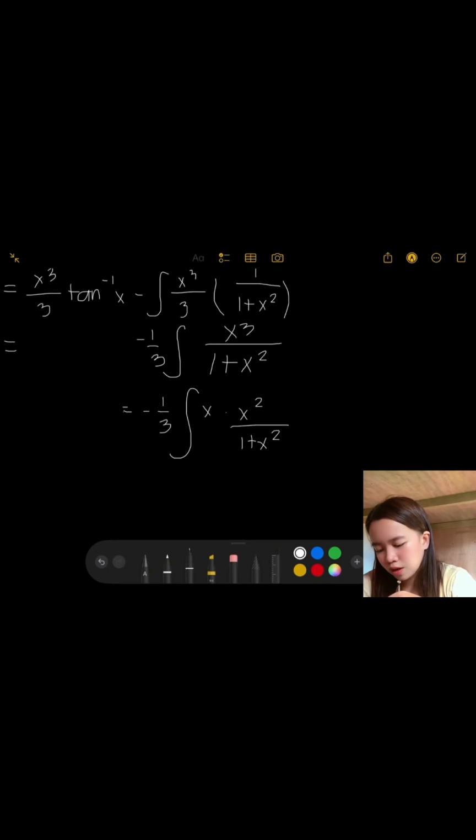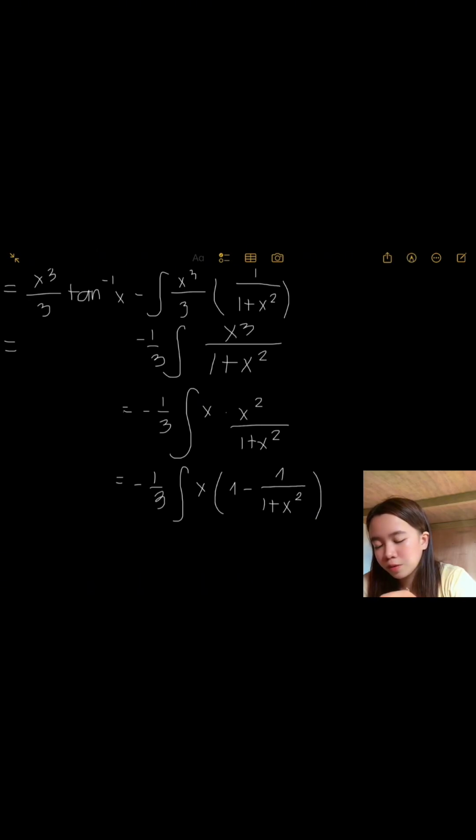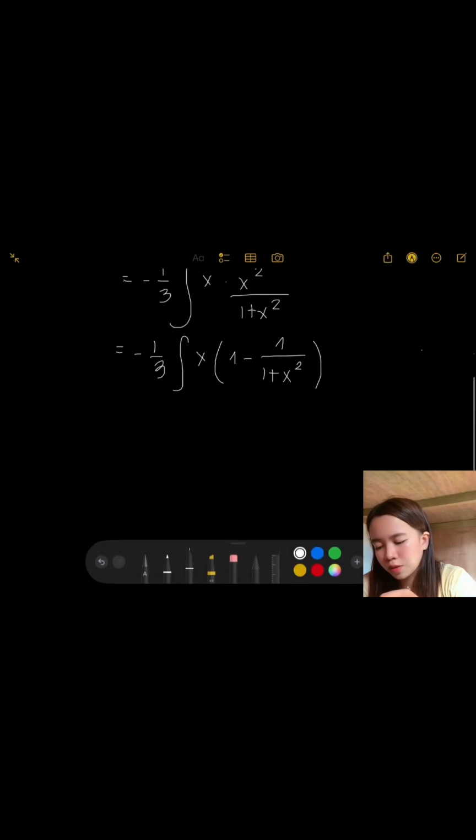So this will become 1/3 integral of x multiplied by 1 minus 1 over 1 plus x squared. So we will multiply x to 1 minus 1 over 1 plus x squared. So this will become 1/3 integral of x minus x over 1 plus x squared.